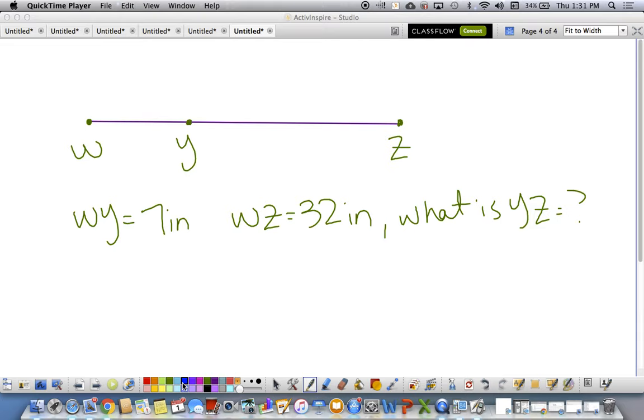The segments WY, you told me that was a segment, right? Does that need a line above it? What you know right now is yes, it should have a line above it. Okay? I'm here to tell you.